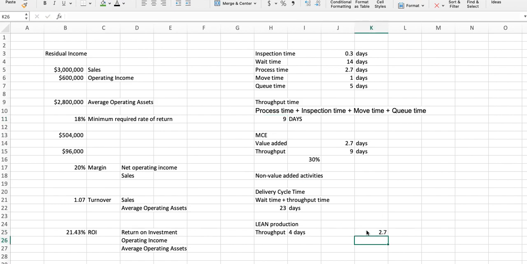Our value added is 2.7, and if we have a new throughput of 4, then our new manufacturing cycle efficiency becomes 67.5%, which is significantly higher than what we had before. So that's how lean production can have an impact on your balanced scorecard.